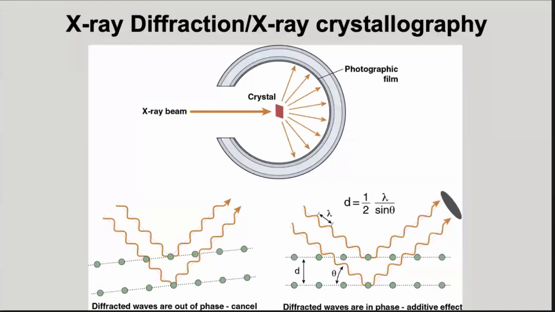And by the early 1900s, we knew enough about X-rays that you could actually control very specific wavelength. And theta is determined by simply measuring the location of that dot on the piece of photographic film. So if you see a dot on the photographic film, you simply measure up from a horizontal axis to where that dot is located, and that tells you this angle theta. So you plug that in, 1/2 lambda over sine theta, and you get d. So you get that distance between atoms in a molecule.